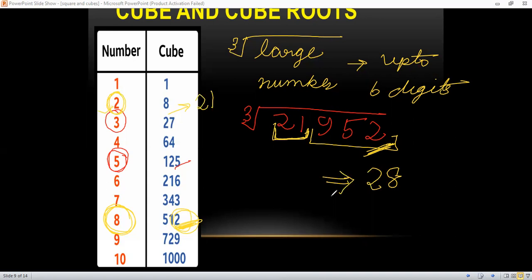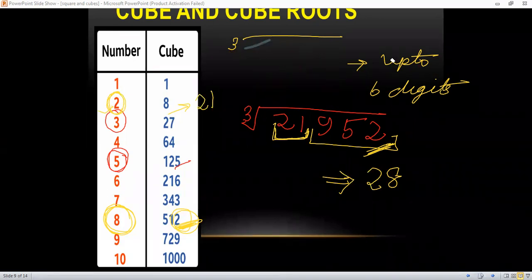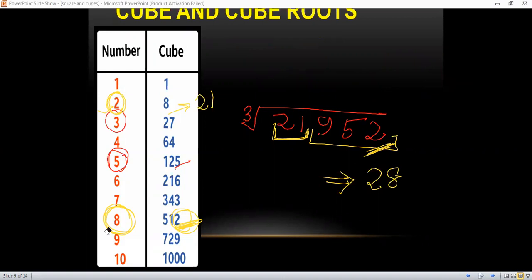One more number I am going to take. If I try to find the cube root of this number, in a similar way, I will check the last 3 digits from the right-hand side and see only the unit digit of this number.